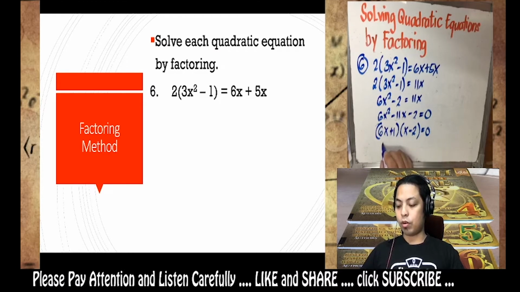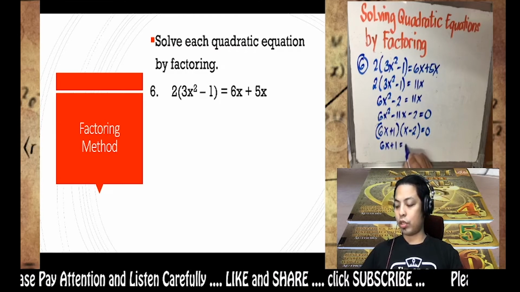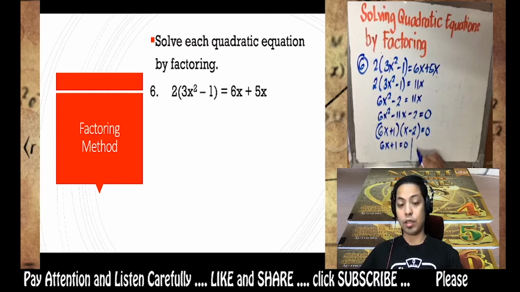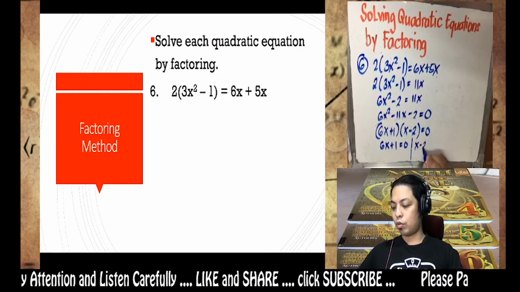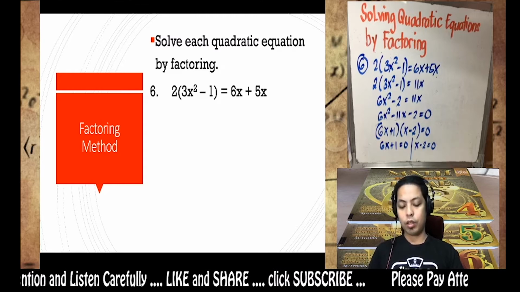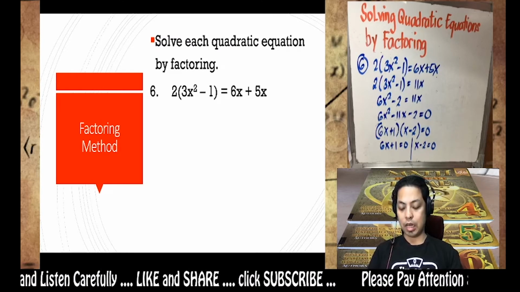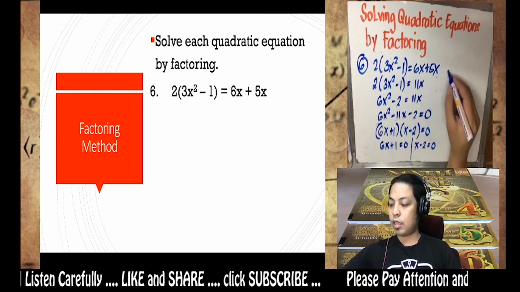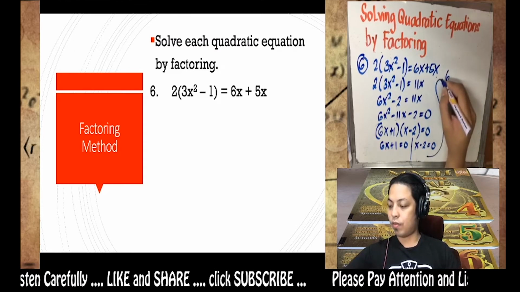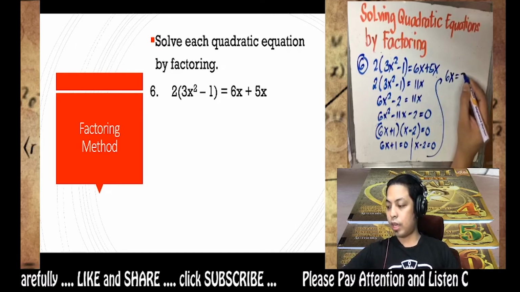We can have 2 equations equated to 0. 6x plus 1 equals 0, and x minus 2 is equal to 0. For the first, 6x is equal to negative 1.